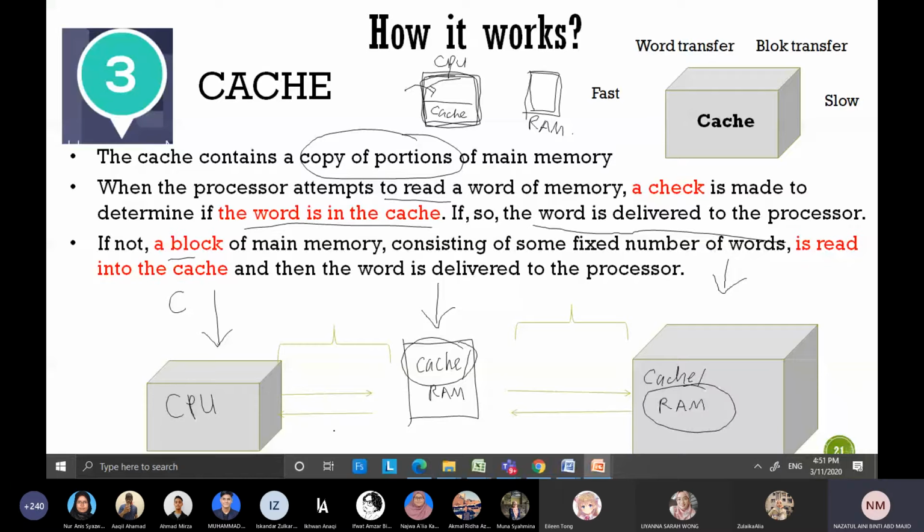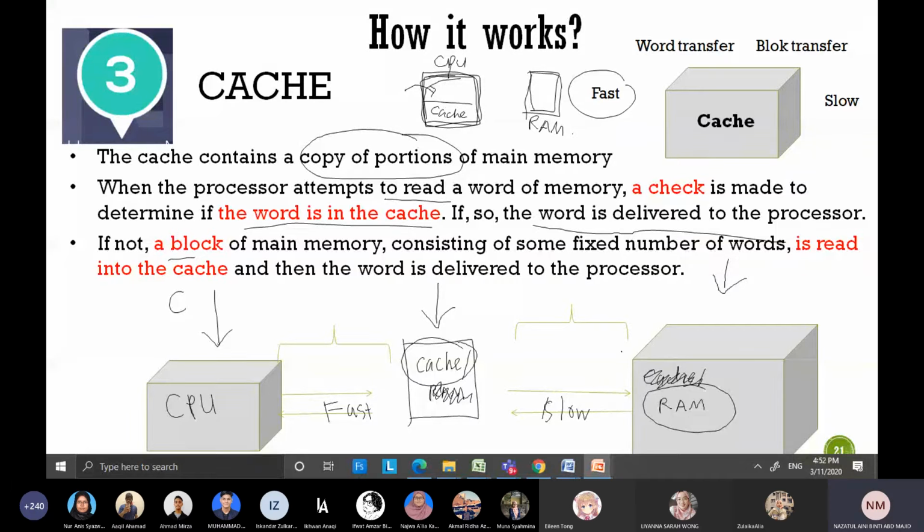Which one is faster, this one or this one? The cache, on the left, is fast. The link between the cache and the RAM is much slower.